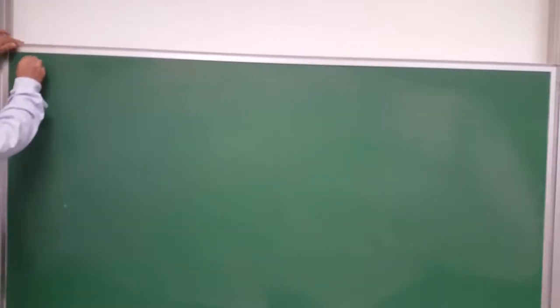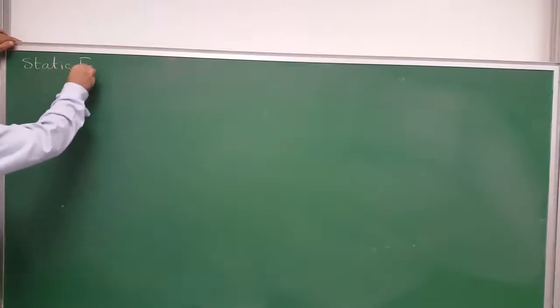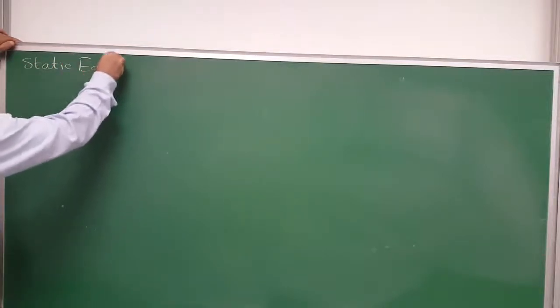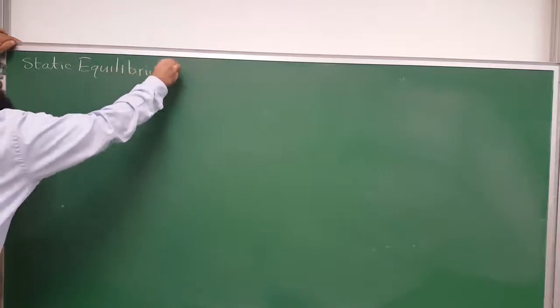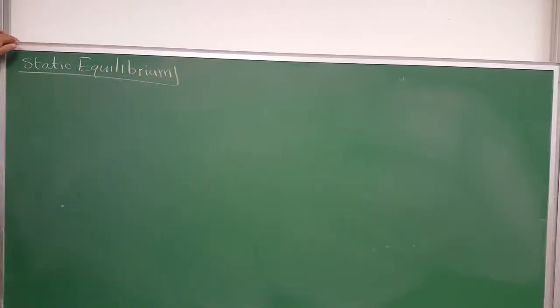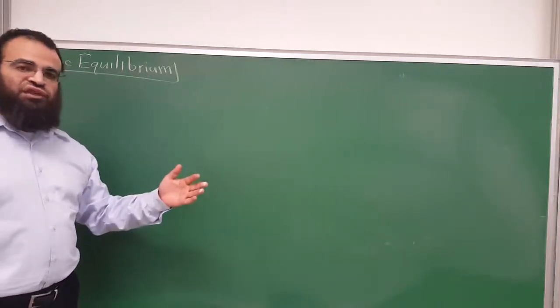So the next topic is static equilibrium, and so let me write it down. Static equilibrium. What does it take to keep something like a structure, like a building, just sitting still?